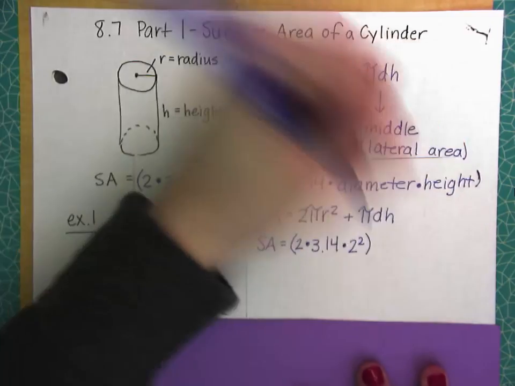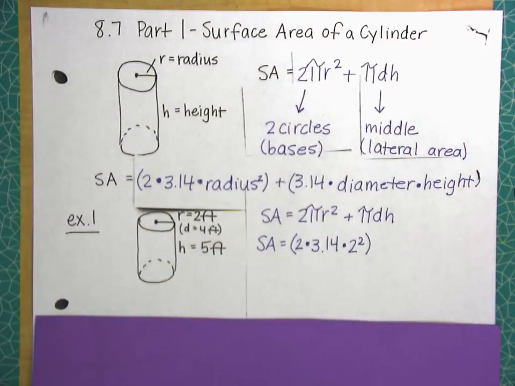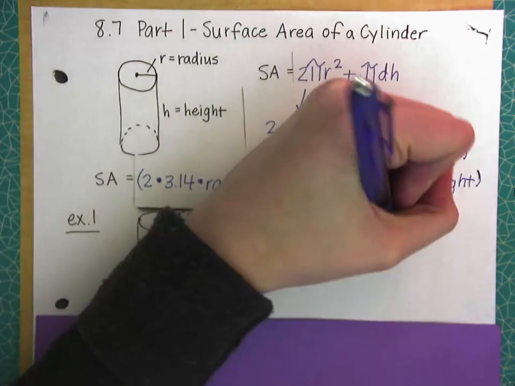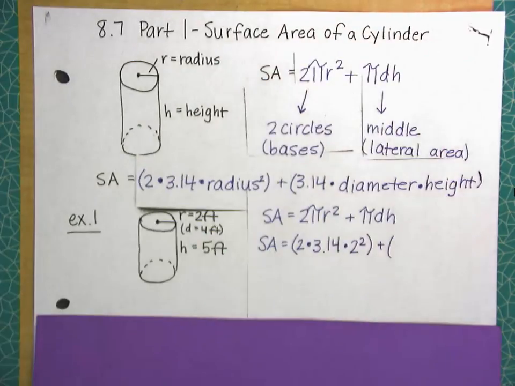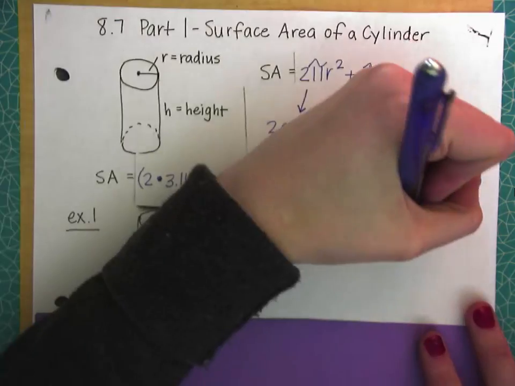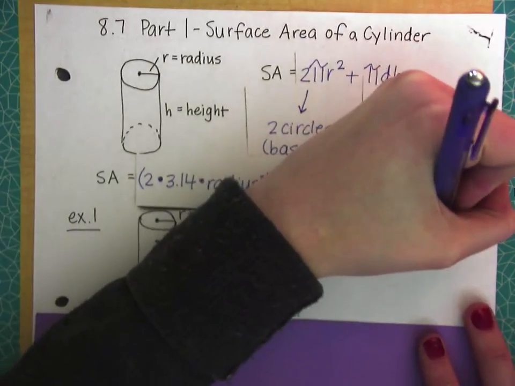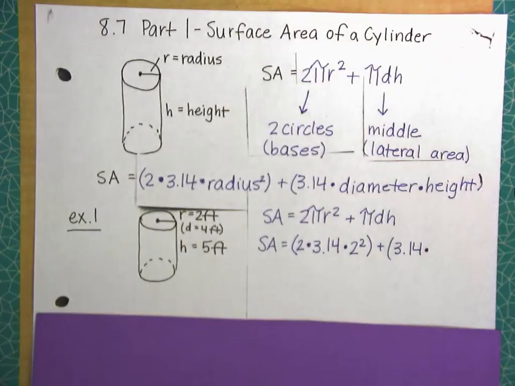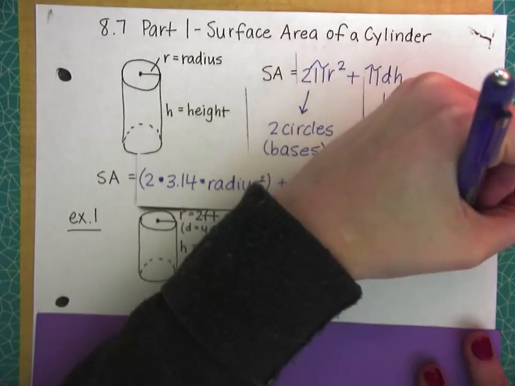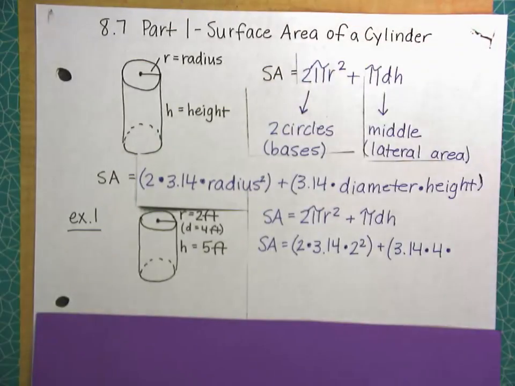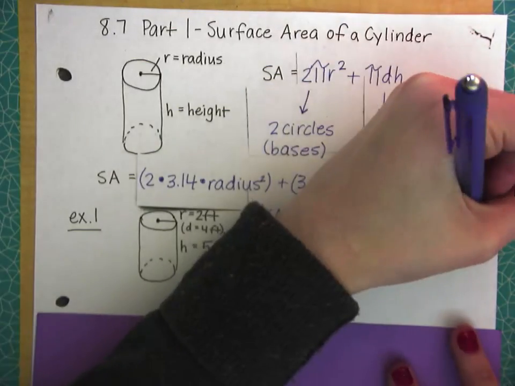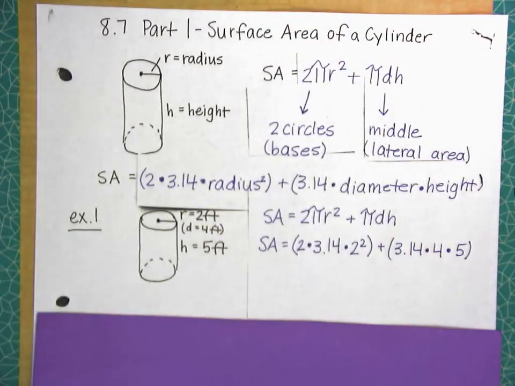Don't solve it yet. We're just plugging in the numbers. Then we're going to add to that pi times my diameter, which is 4 feet, times my height, 5. So your second step is just plugging everything in.